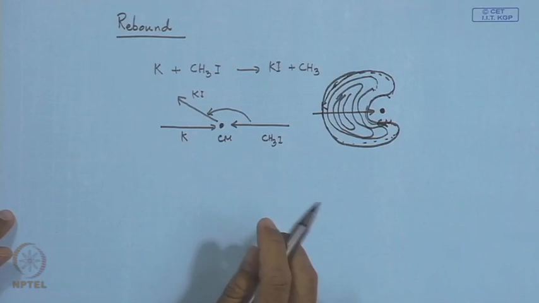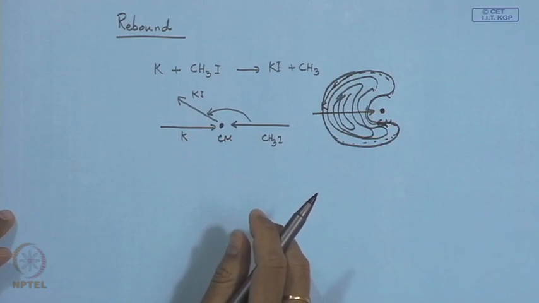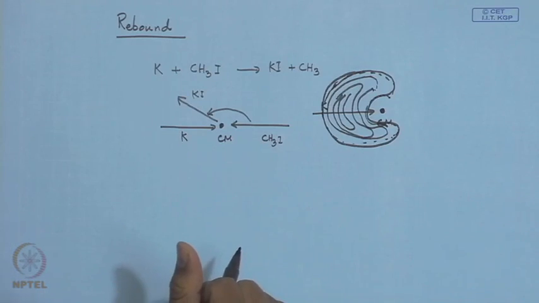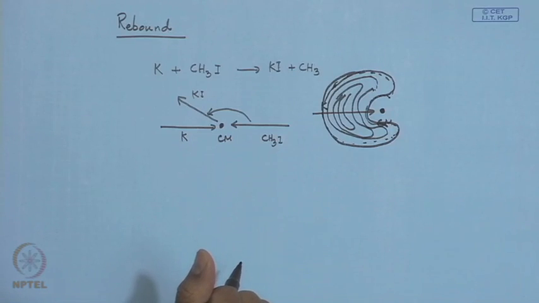And it has a small cross section. Backward scattering happens with small impact parameter B, and it releases high translation energy.